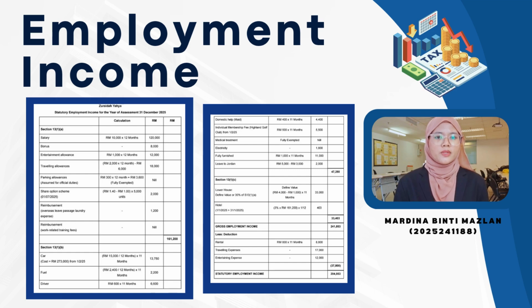The employment income is calculated under Section 13 of the Income Tax Act 1967, which includes cash remuneration, benefits in kind and living accommodation. Firstly, under Section 13(1)(a), Ms. Zuraida received an annual salary of 2,000 ringgit, a bonus of 8,000 and an entertainment allowance of 12,000.